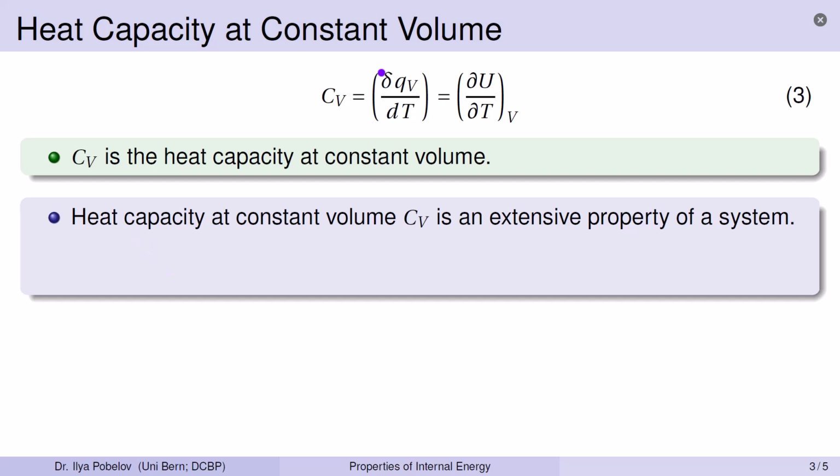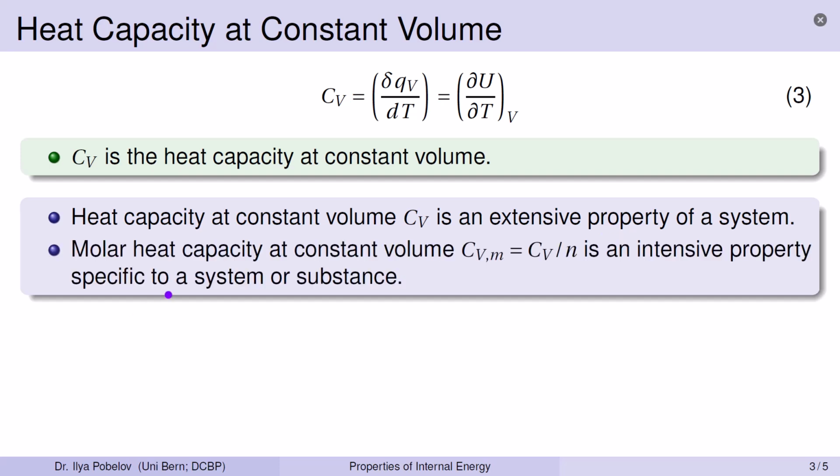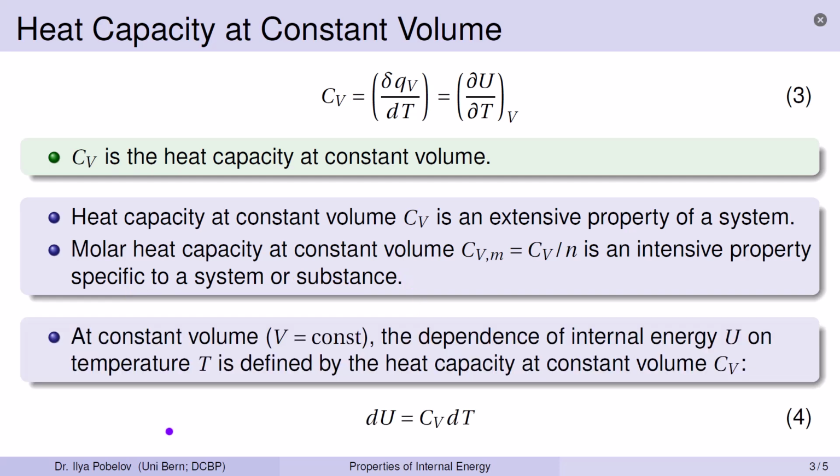Since internal energy is an extensive property, the heat capacity at constant volume is also an extensive property of a system that it characterizes. Naturally, we also introduce molar heat capacity at constant volume, which is an intensive property specific to a system or substance.